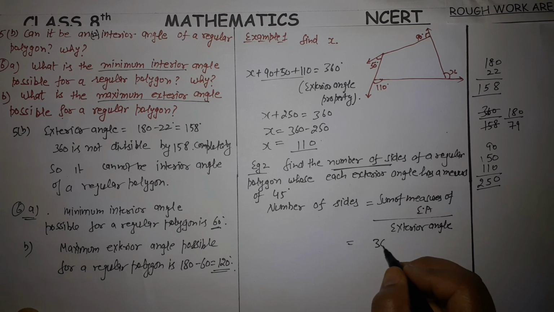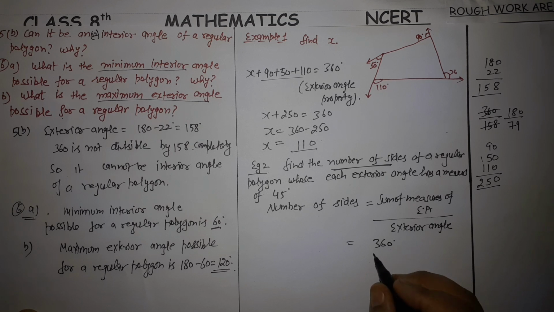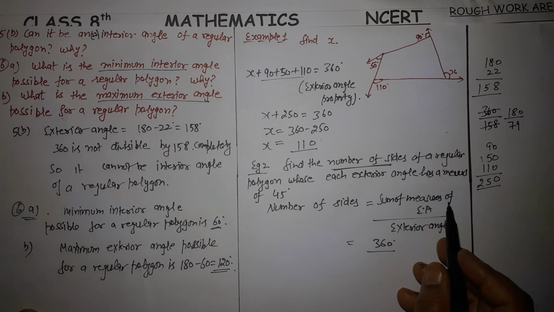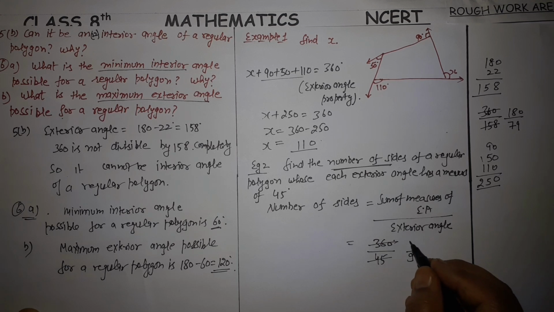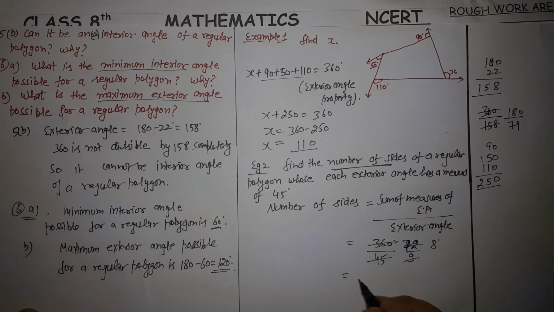We know that the total sum of exterior angles of any polygon is 360 degree, divided by 45. Cancel. Here the number of sides is 8.